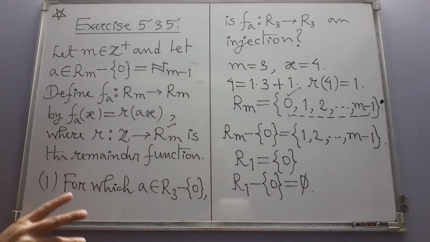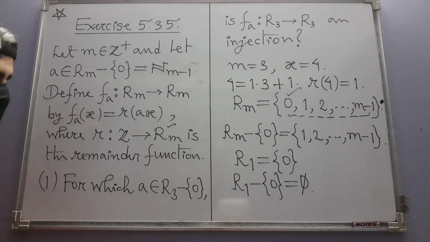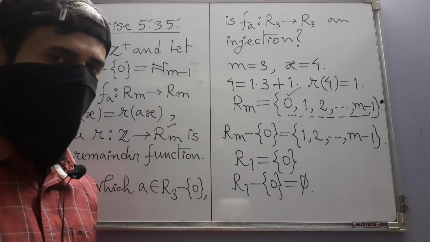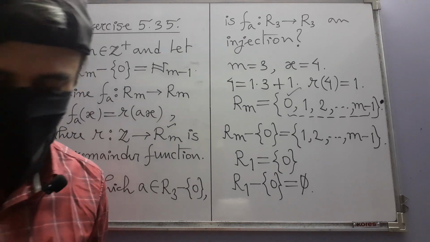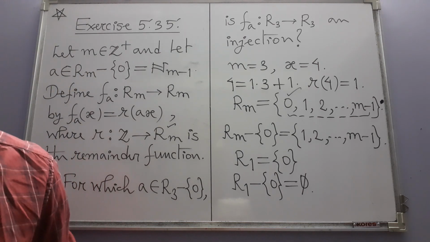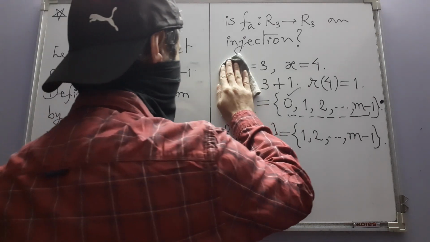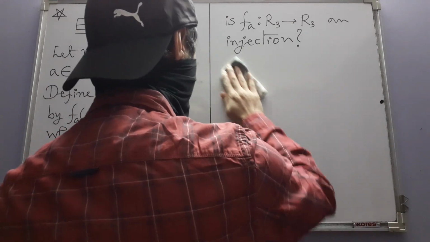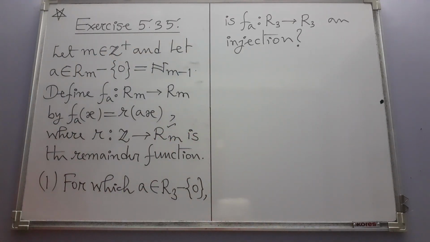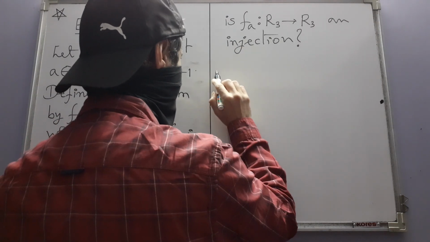There are 3 more parts to this question, but let us solve each one of them. Let's first solve this and then we will go to the next. So we are going to solve them individually.